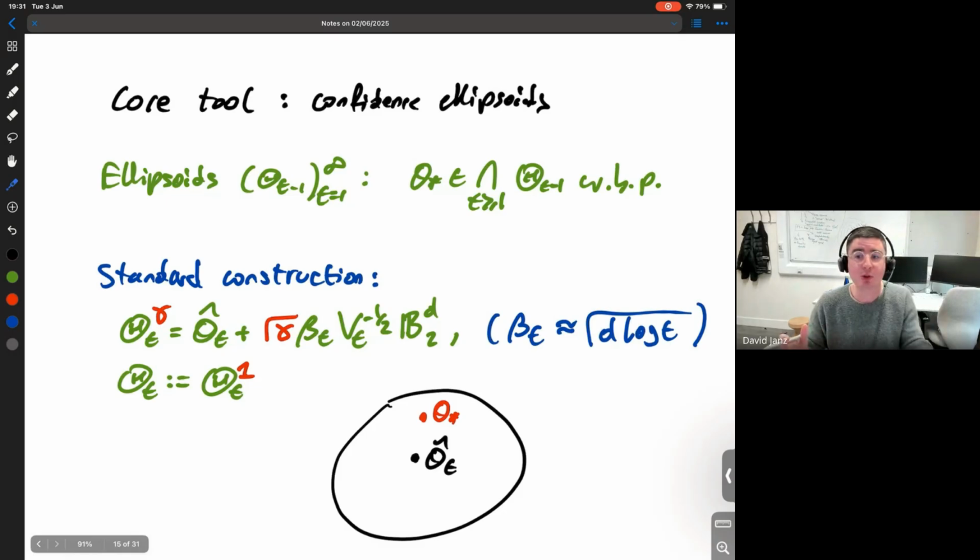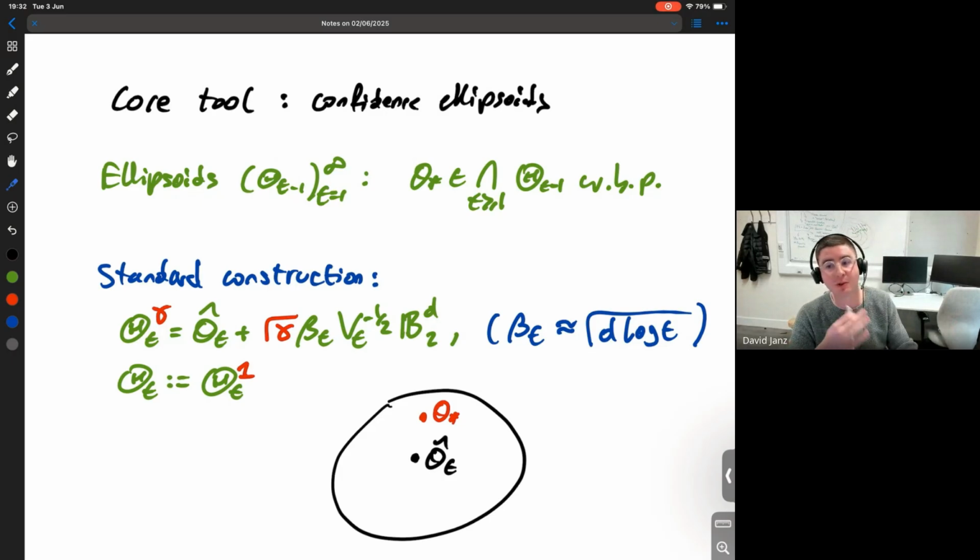There's a core tool in essentially all analysis of linear bandit algorithms, or at least all analysis since Janz's paper, which is these confidence ellipsoids. So given the data, at each time step, we can construct a confidence ellipsoid such that theta star is in the intersection of all of these ellipsoids with high probability.